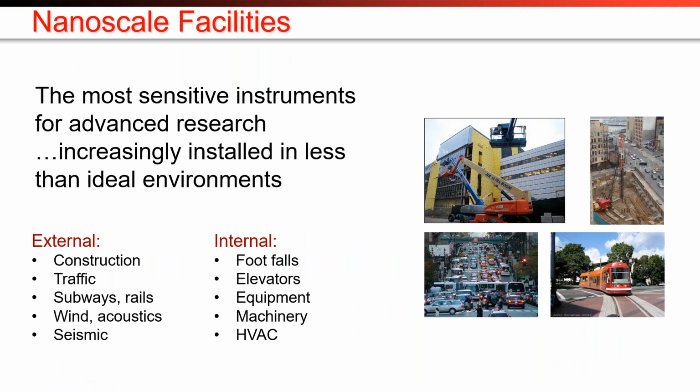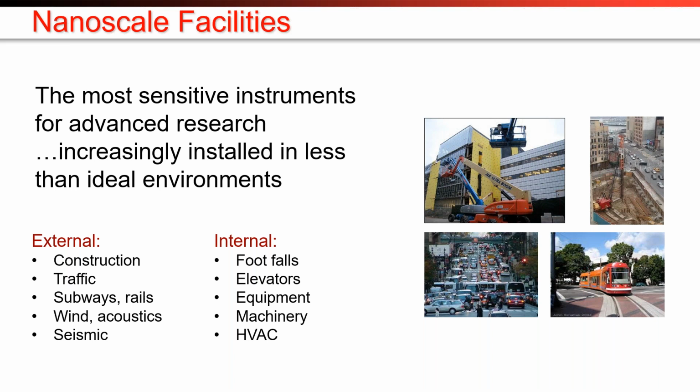So increasingly, these new advanced research facilities are being sited in urban environments, more generally environments that are hostile from a floor vibration perspective. Floor vibration really comes from 2 directions, either from inside the building or from outside, and they're the usual suspects.